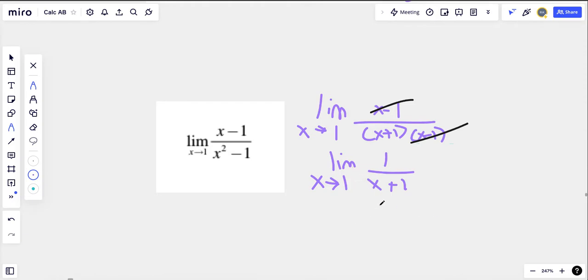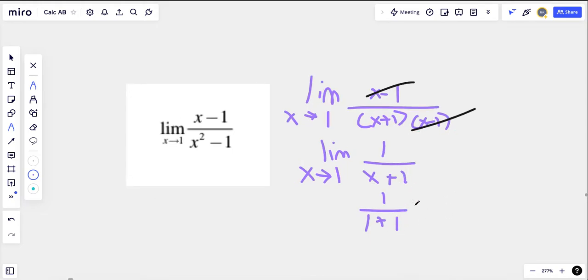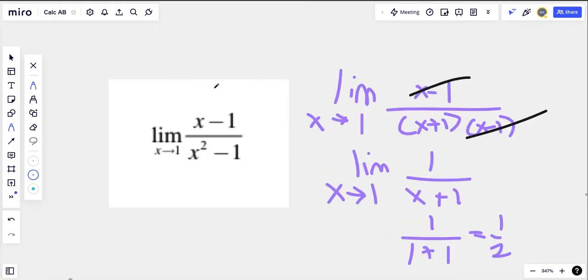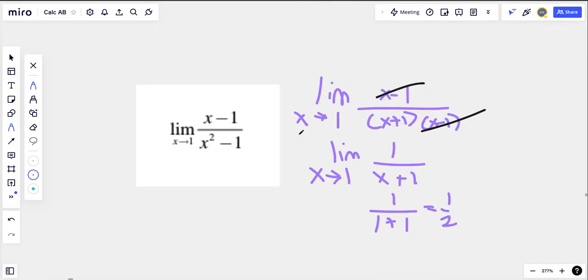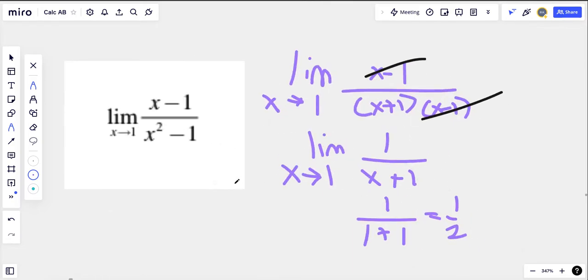You just plug in 1 into here because it works. And just remember, whenever you have the opportunity to directly plug it in and it gives you a value, go with that. The reason we can't just plug in from the first step is because you'll get 0 over 0 if you plug in 1 at the first step. So the limit is 1/2.